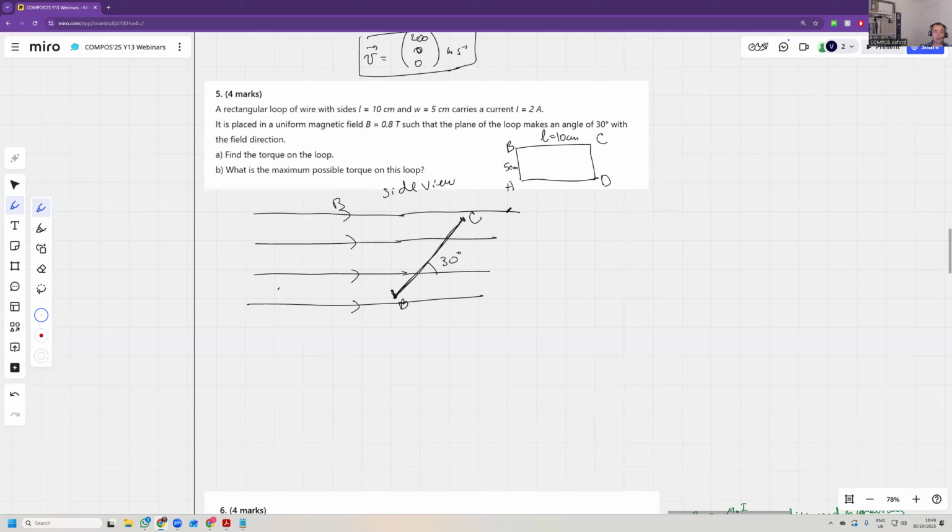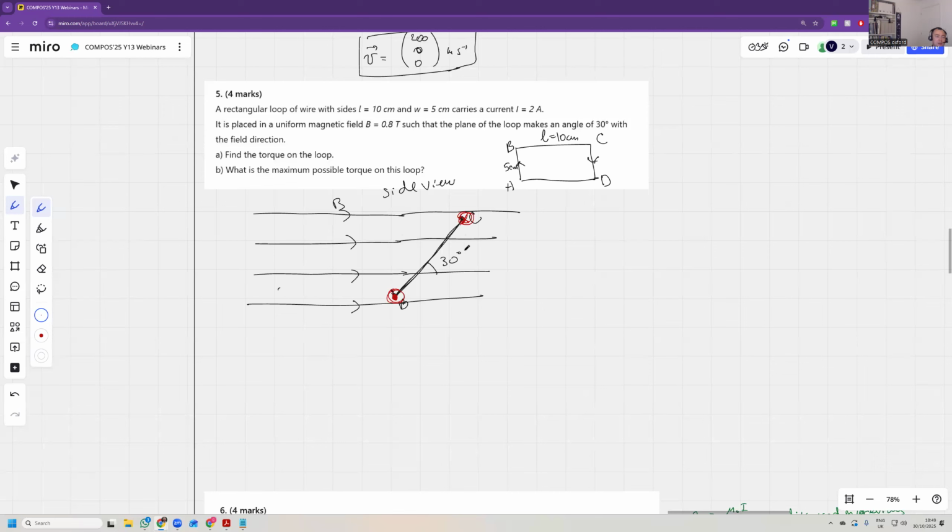So we need the force experienced by the wire CD. So CD is a section of wire, and let's say the current flows from C to D and from A to B. So in this picture, the current flows into the page, and here the current is flowing out of the page.